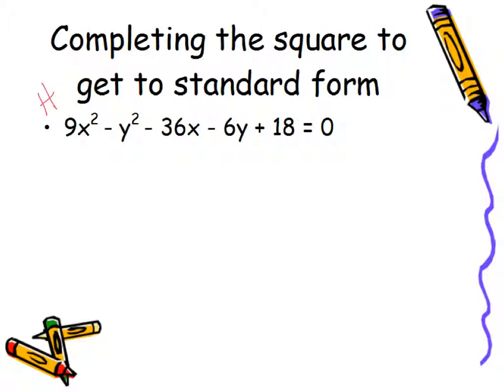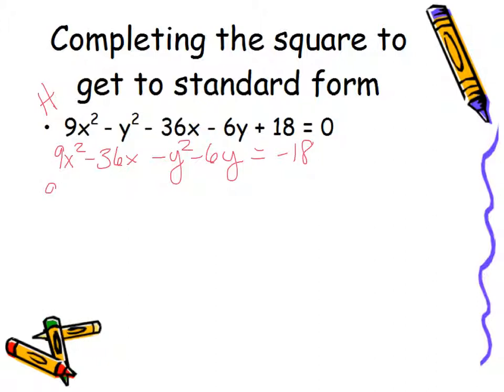All right, so step one, get those x's together. Get the y's together. Move the 18 to the other side. Now let's factor out that leading coefficient for each variable. So we're going to factor out a 9 on the x's, and the y's actually has a -1 here that we'll factor out.